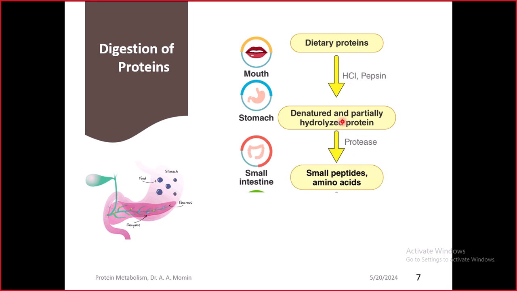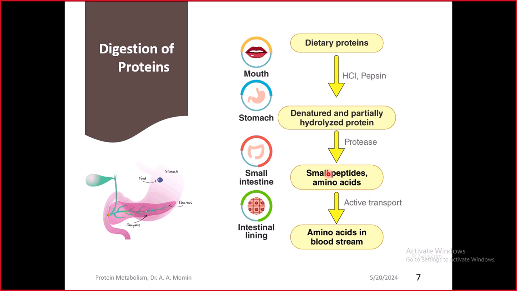Next, the semi-digested proteins travel to the small intestine, and in the small intestine, the proteases secreted by the pancreas convert the semi-digested proteins to small peptides, and some free amino acids are liberated. Now these small peptides and amino acids are converted to their simplest form, which is the requirement for the next step, absorption.